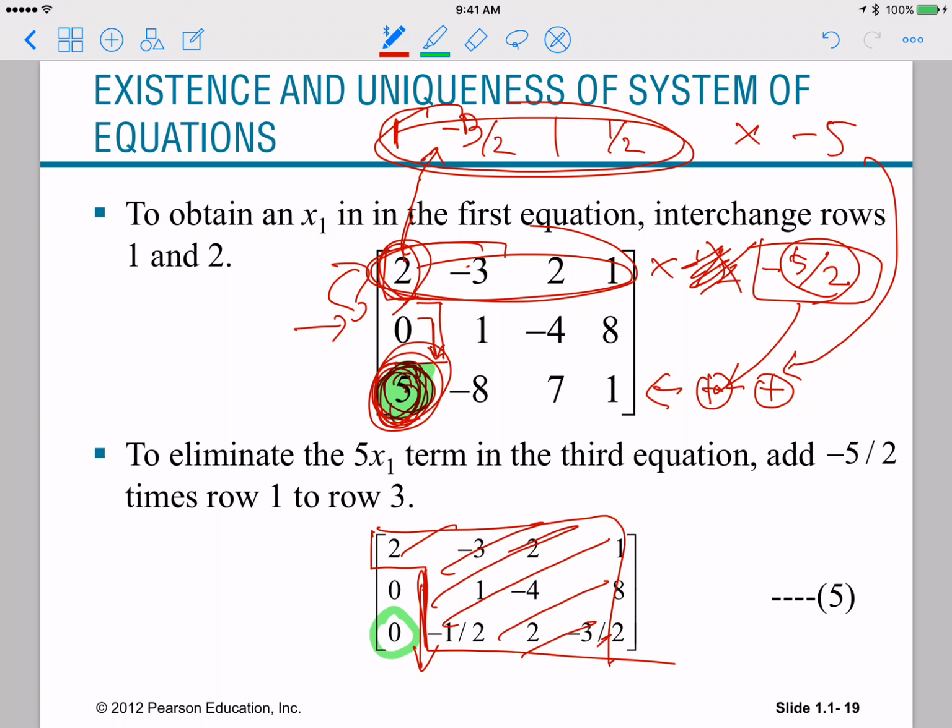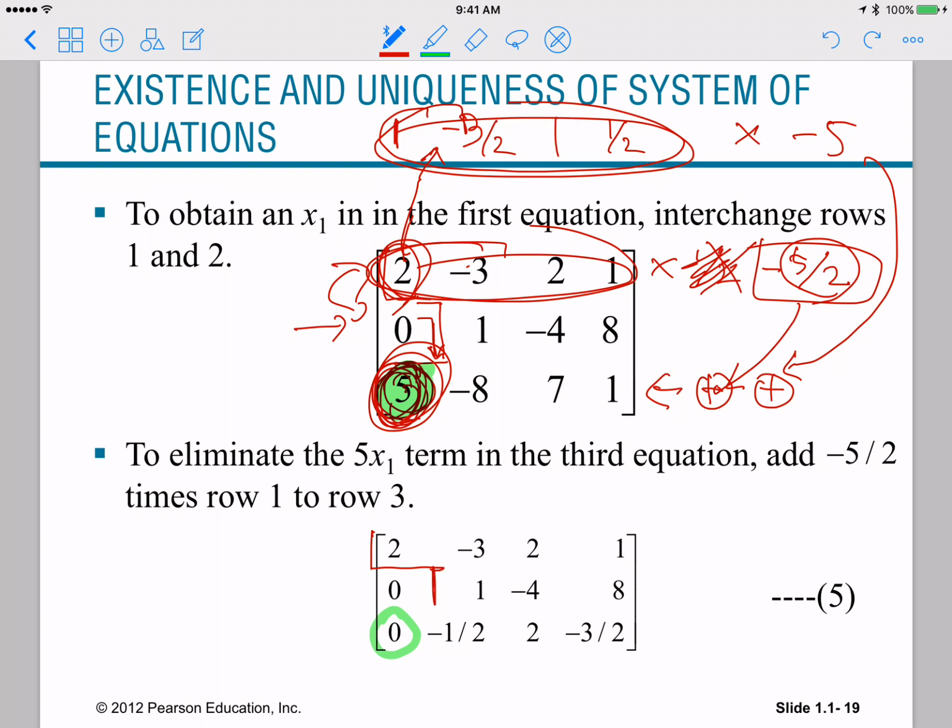Which means once we step up one stair, we cannot go higher, right? It means that by using this value, we have to create this value as 0.